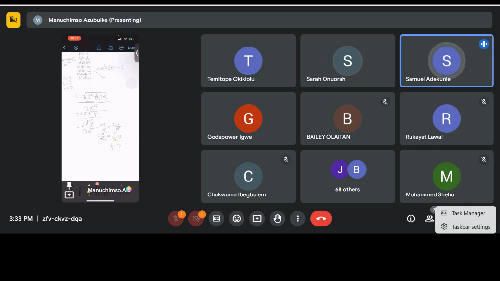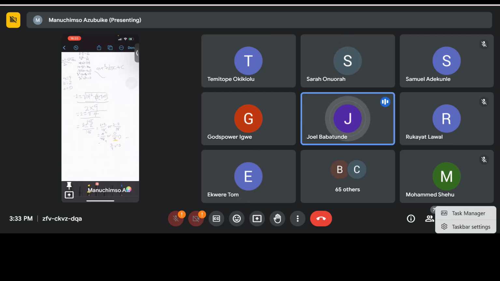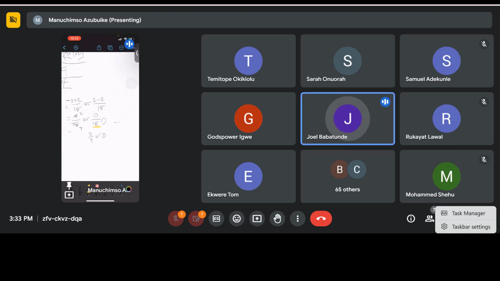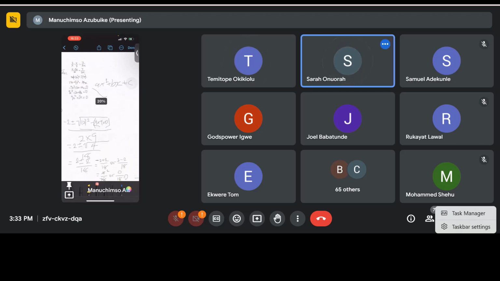So it is minus 2 plus or minus 2. See, there's -2 in front of your 2, because you said -2 plus or minus 2. Thank you, exactly. So your answer is actually correct. -2/9.